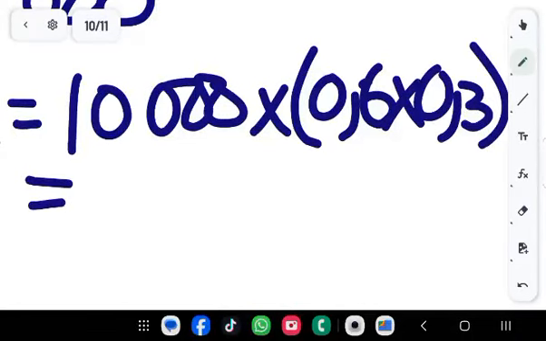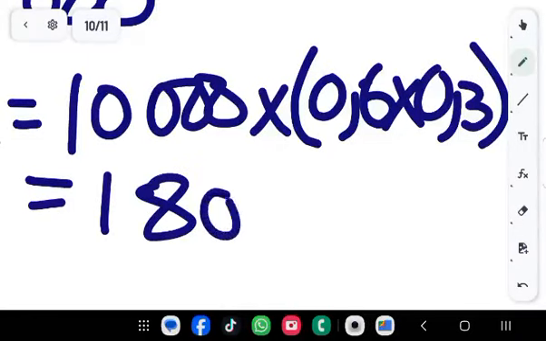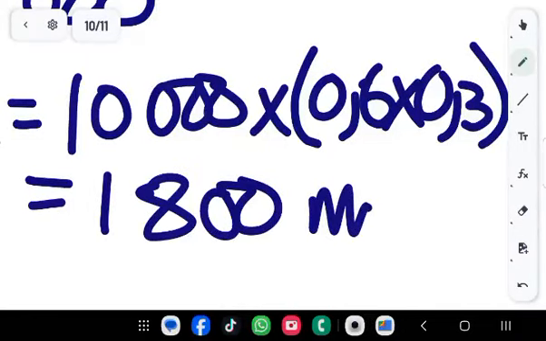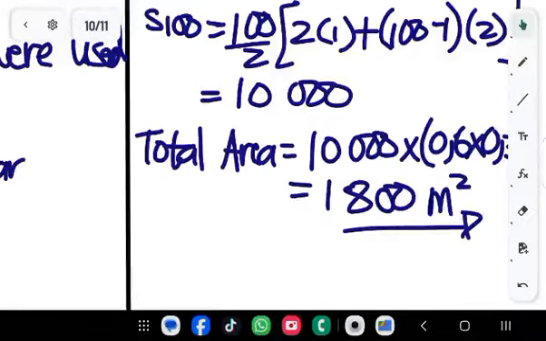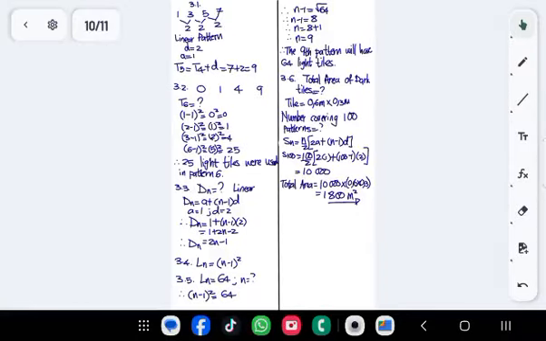That gives us 10,000 times (0.6 times 0.3), and that gives us an answer of 1,800 square meters. That is the total area covered by the duct tiles in the first 100 patterns.